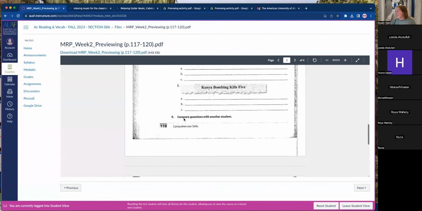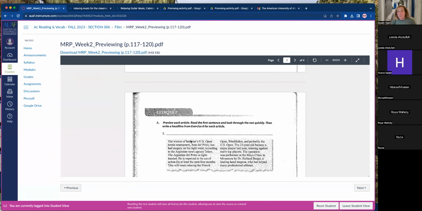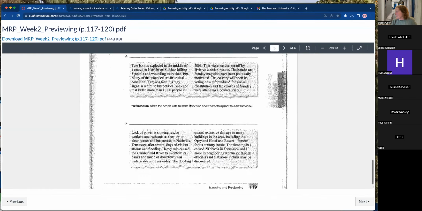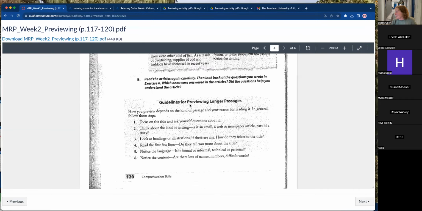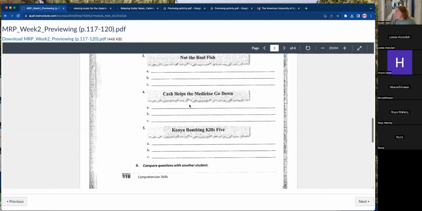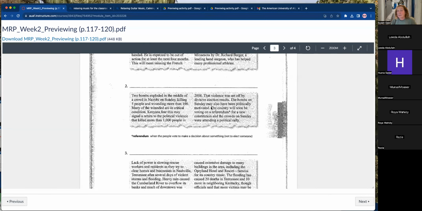Then after you do that, you read these and you match the title to the paragraph. Some people were creating new titles. You don't need to create. These titles all fit in with these paragraphs. That's all you have to do here. You write 3 questions for each title, and then you match the reading to the title. Easy, I think.